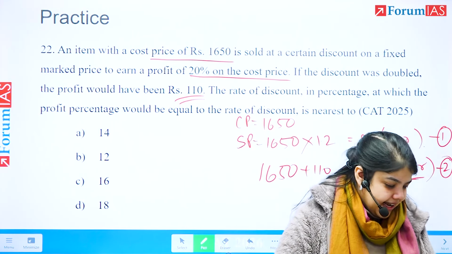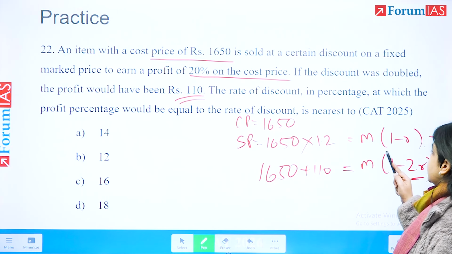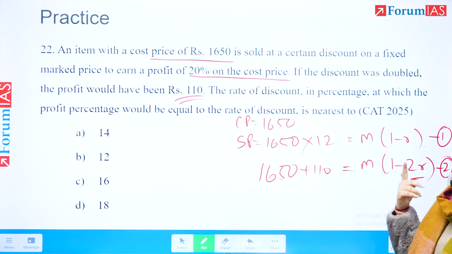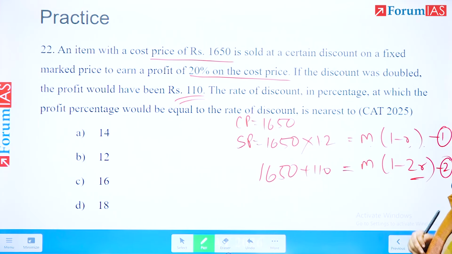So you know that an item with a cost price of 1650 is sold at a certain discount on the marked price to earn a profit of 20%. So what is the selling price? 1650 into 1.2. By now we've done this, right? Mark price को M ले लो और discount को R ले लो. M into 1 minus R. Same.